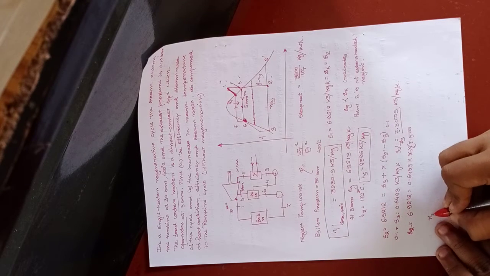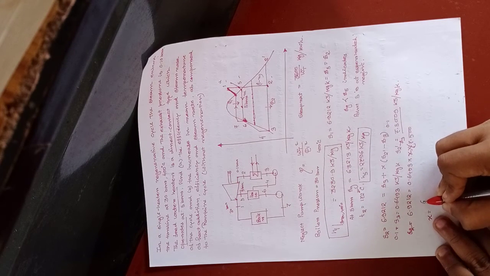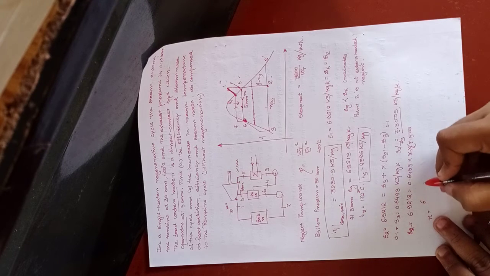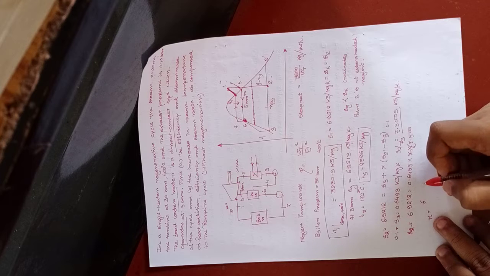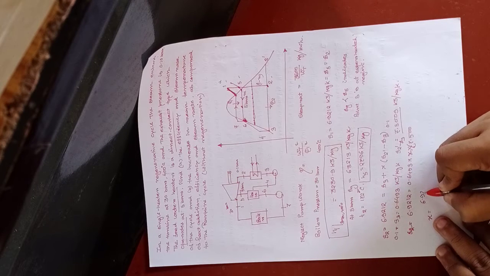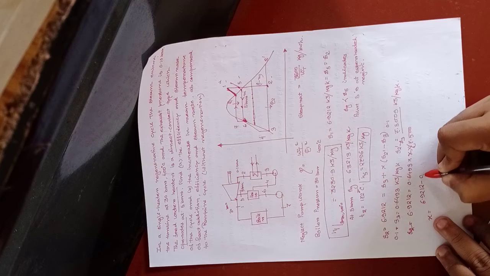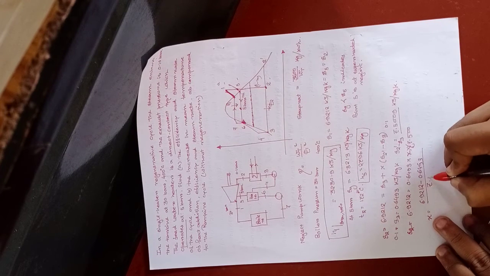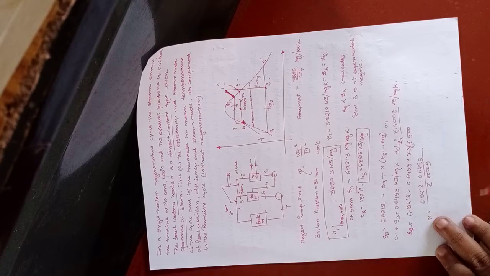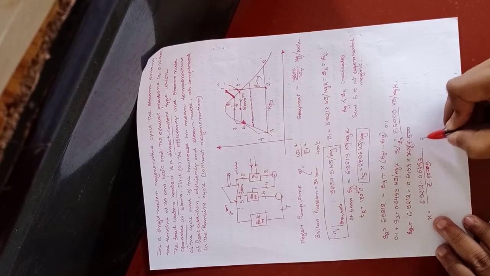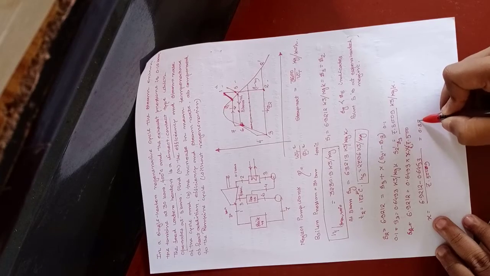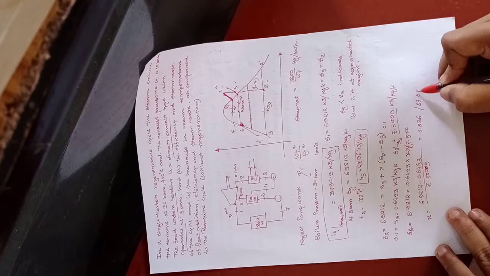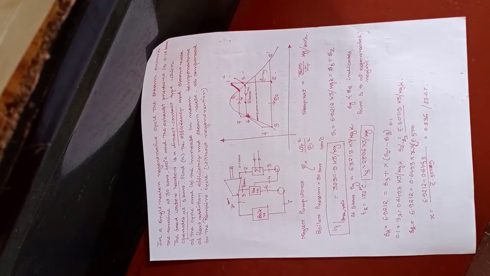So what is x? x will come as (6.9212 minus 0.6493) by 7.5009. So x will come 0.836. So this is the quality, or 83.6%. So this is the quality at point 2.